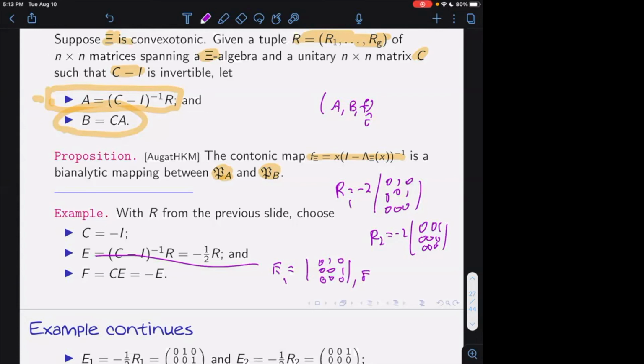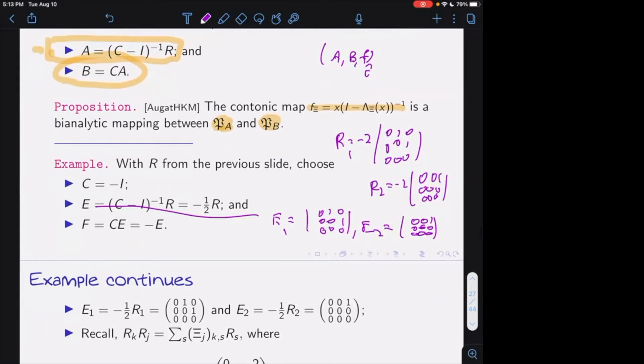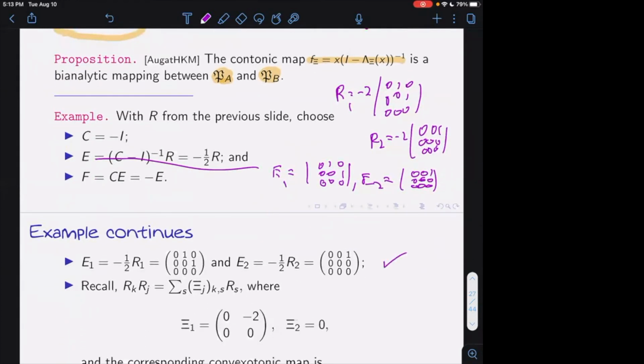E1, that is, and E2, just this guy. Then F is C times E, that's minus E. And we're right back to this example we had earlier.